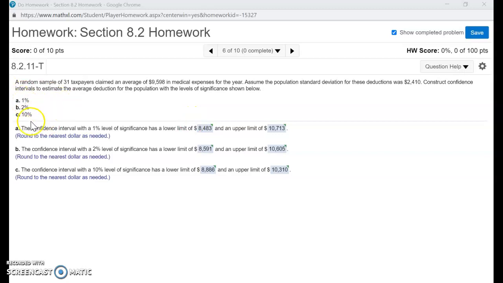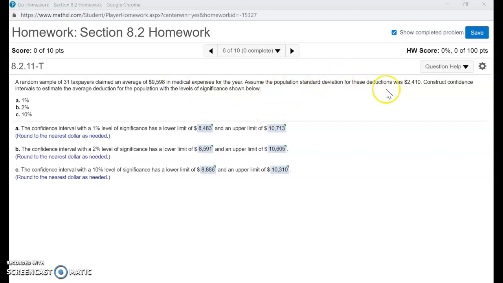Alright, so here it's the same thing except they give you the alpha. For the first one, alpha is 1%. And N is a random sample of 31 taxpayers. Your average mean is what you're going to add and subtract your margin of error from.